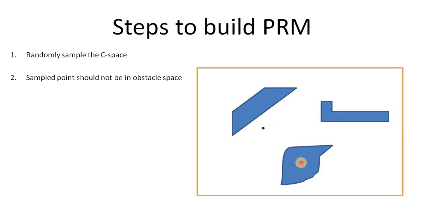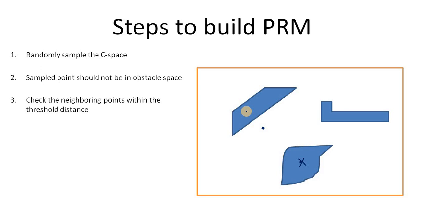If your sample point is inside the obstacle, then it is not considered a sample point. You are only allowed to take samples in the free space, and this is true for the RRT algorithm also. I think I forgot to mention it there.